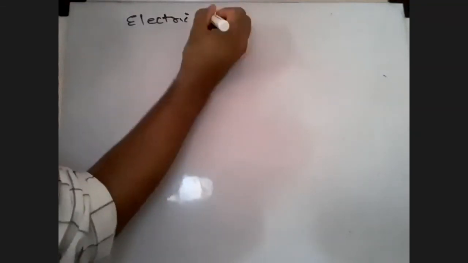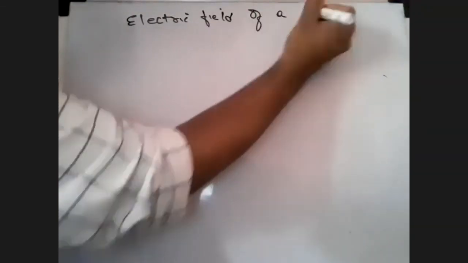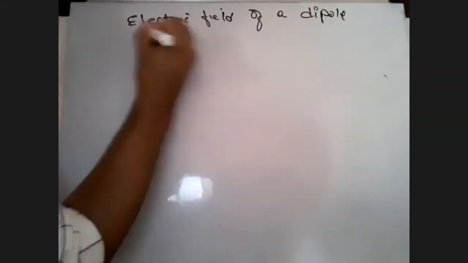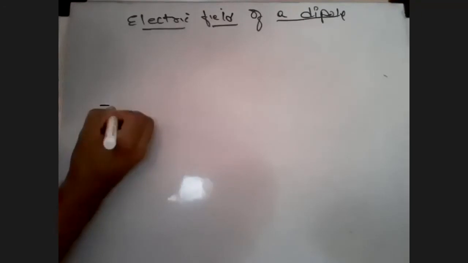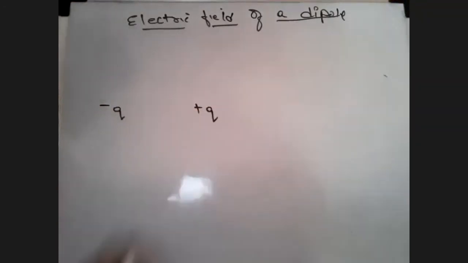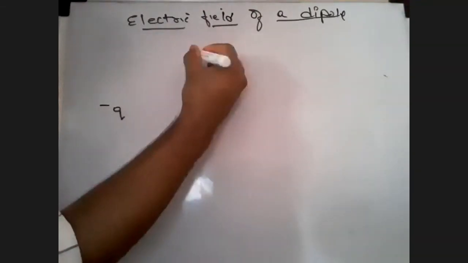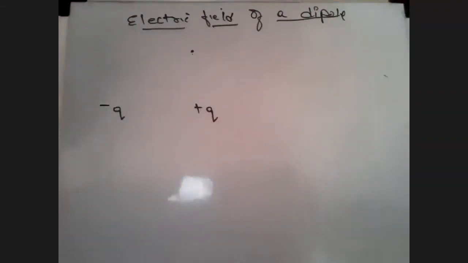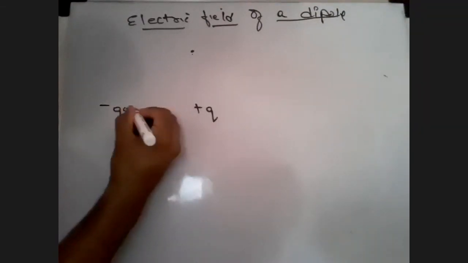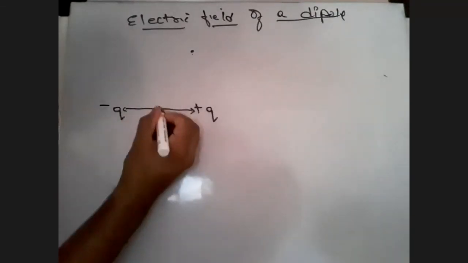Now let's find out the electric field of a dipole. Pay attention. If this is minus q and this is plus q, and I want to find the electric field at this point, and of course I am going to take the distance between these two as 2a, so from the axis it's just going to be a.